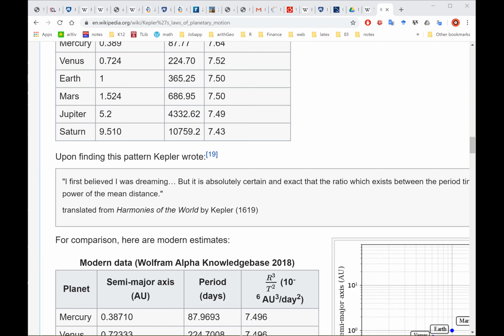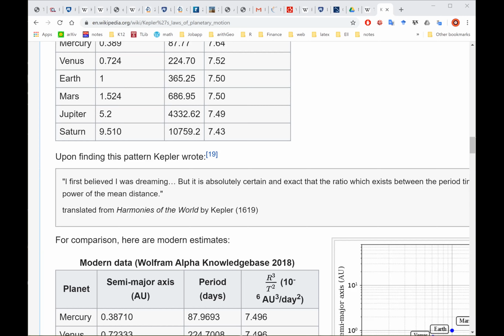So Kepler got these rules from observation of the data, but he did not understand why the planets should satisfy these laws. It is purely experimental. He could not find another principle that explains this.